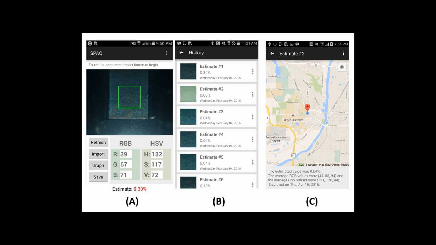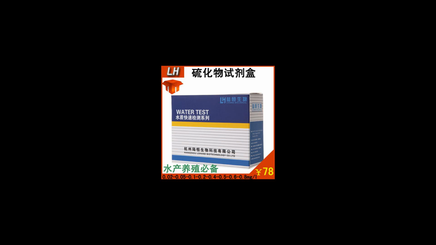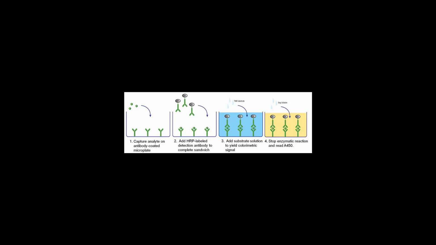Examples follow. Examples: cholesterol, CHOD-PAP method: cholesterol plus oxygen, enzyme cholesterol oxidase, to cholesterol plus hydrogen peroxide; plus 4-aminophenazone plus phenol, enzyme peroxidase, to colored complex plus water.